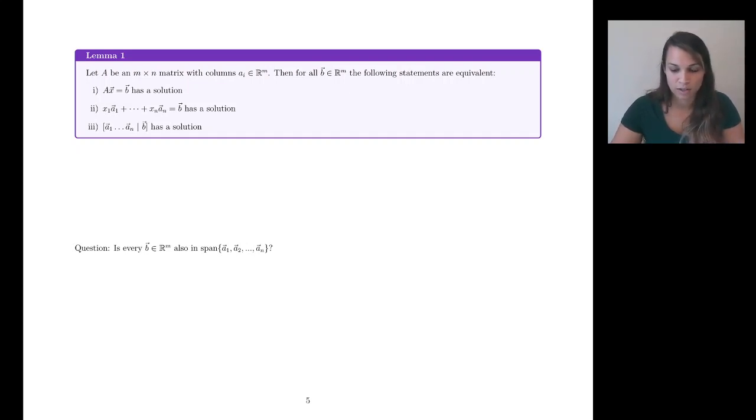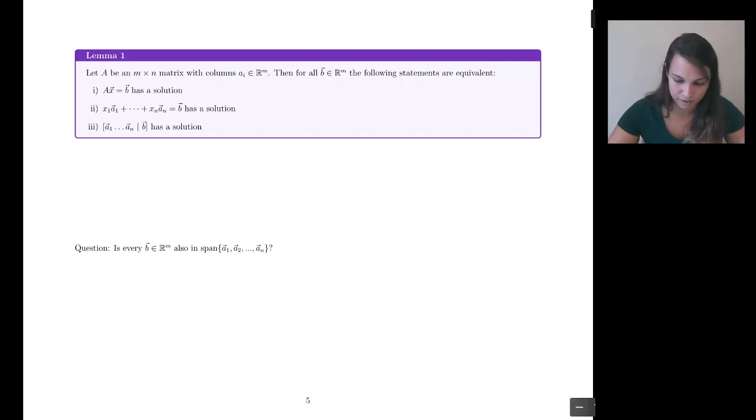And then on day 2, we learned that span was the same thing as linear combinations, which is the same thing as the augmented matrix, which is this guy right here. So if Ax equals b has a solution, the linear combination has a solution, which means the augmented matrix has a solution. These are all equivalent statements.